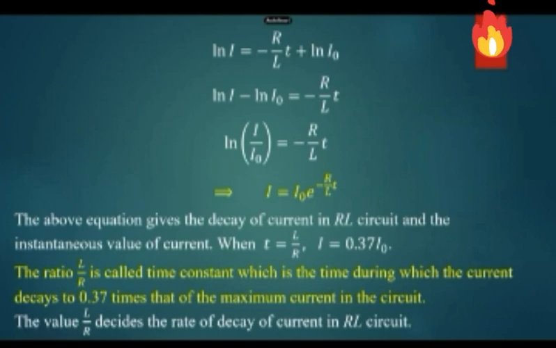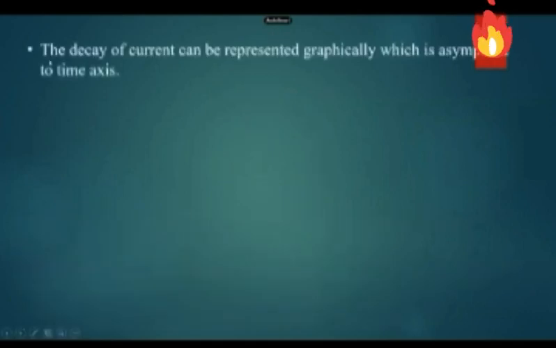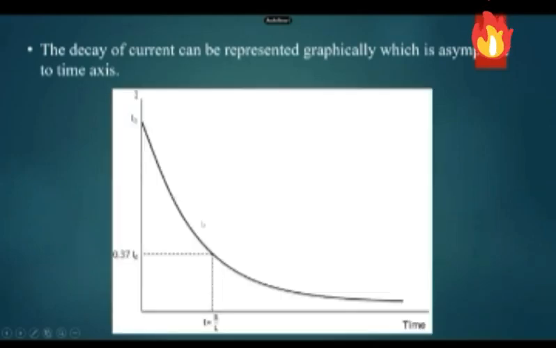Okay. Next, you observe the decay of current, which is represented graphically by this particular graph. The current decreases with time exponentially. It decreases from I naught, the maximum current, then decreases exponentially, and becomes 0 after a certain time.